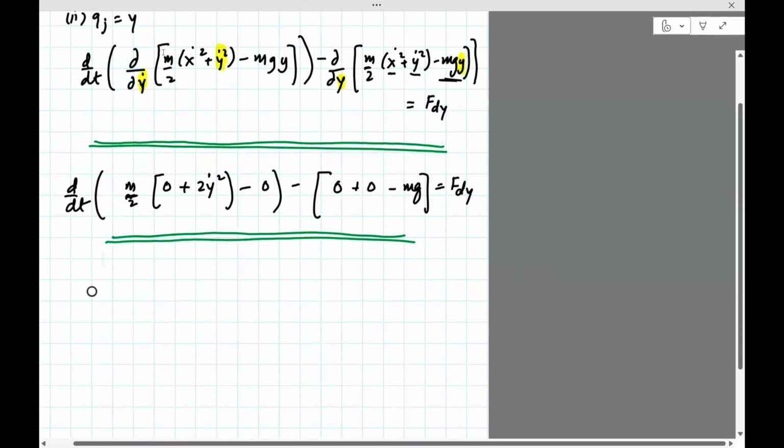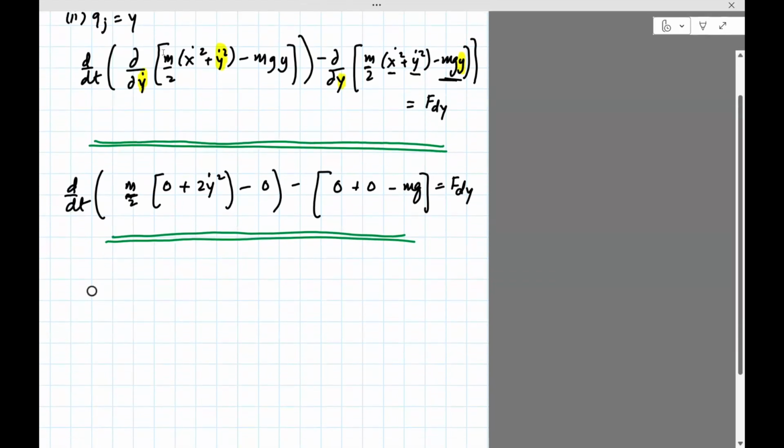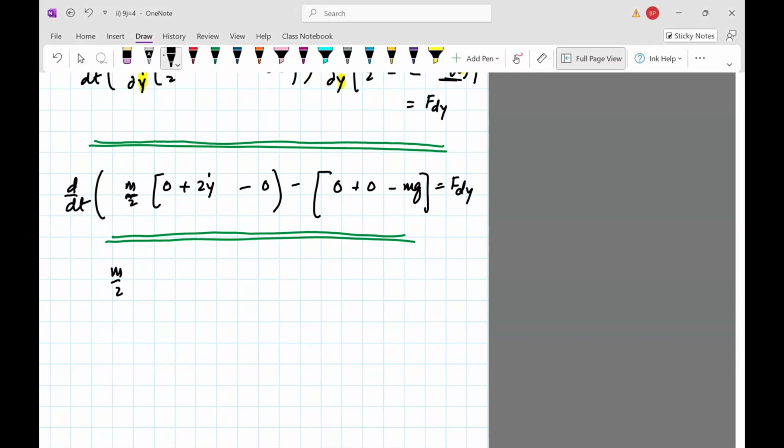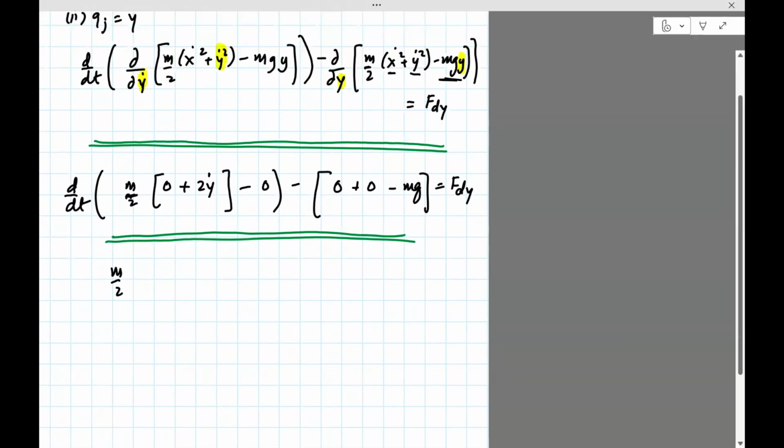And then the next thing is I need to take the complete derivative of the first term, d/dt. That will be m divided by 2. I made a mistake here. This should be 2. The derivative of y squared with respect to y is 2y. So this 2 and this 2 cancel. I don't have to put that here.